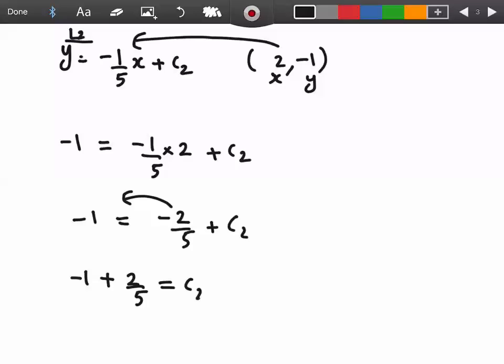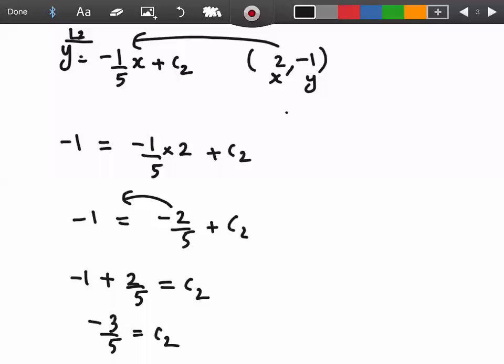You can take the LCM, use a calculator, or use mental calculation to find -1 + 2/5. Can you please calculate? -1 + 2/5 is going to be -3/5. So -3/5 is the value of c2.